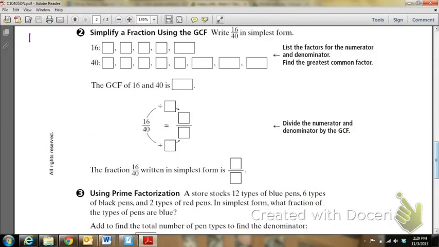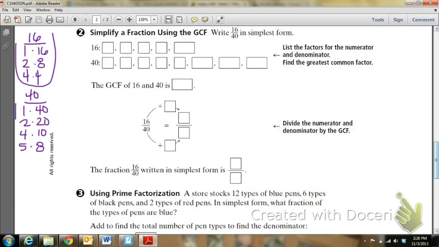I'm going to make pockets because I think it's just easier. So 1 and 16, 2 and 8, and 4 and 4. Do the same with 40. 1 and 40, 2 and 20, 3 won't go in, 4 goes in 10 times, 5 goes in 8 times, and that's it.